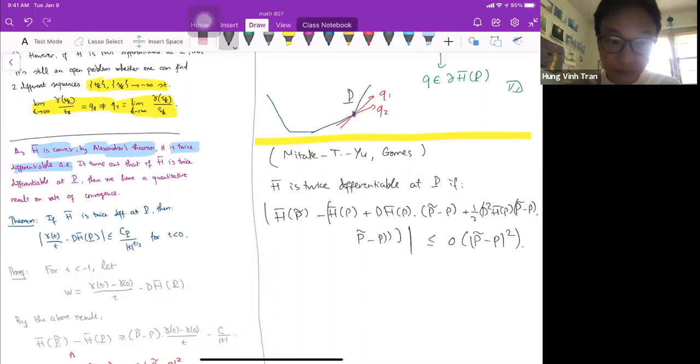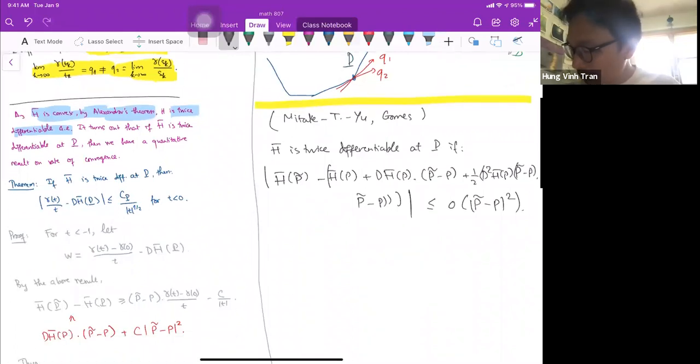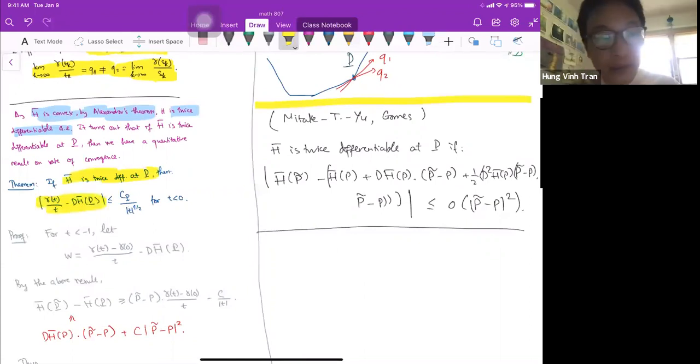Surely the proof is quite complicated, but anyway, what we can prove is that if h bar is twice differentiable at p, then we have the rate of convergence: gamma t over t minus dh bar p is of the order C_p over t to the 1/2.